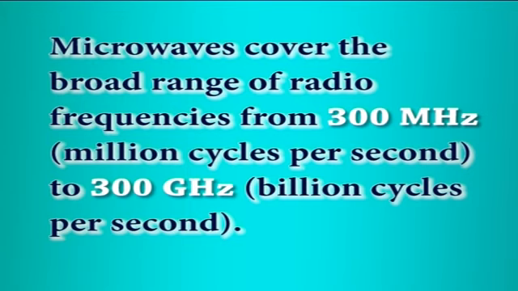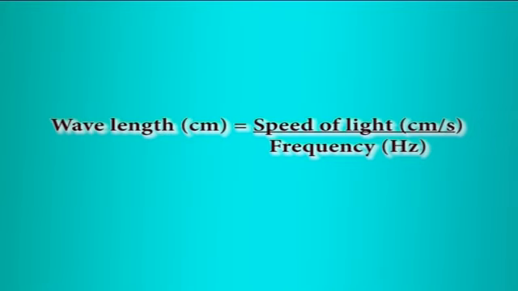Microwaves cover the broad range of radio frequency from 300 megahertz, that is million cycles per second, to 300 gigahertz, or billion cycles per second. This corresponds to wavelength between 1 meter and 1 millimeter according to the equation: wavelength in centimeters is equal to speed of light in centimeters per second divided by frequency in hertz.